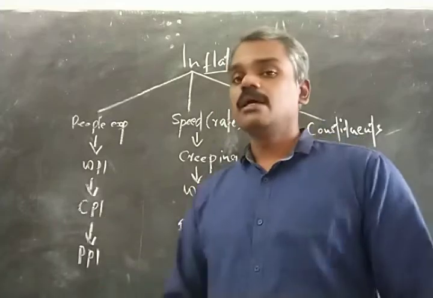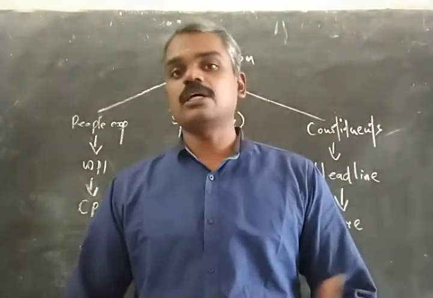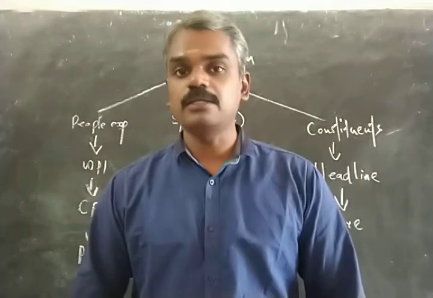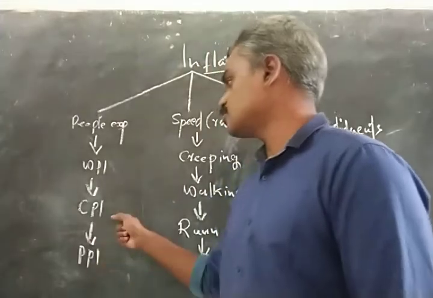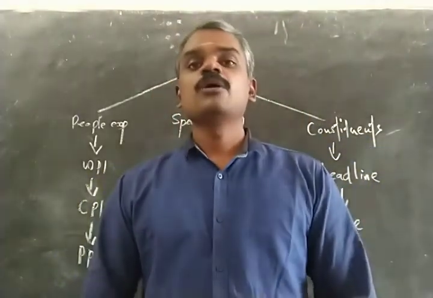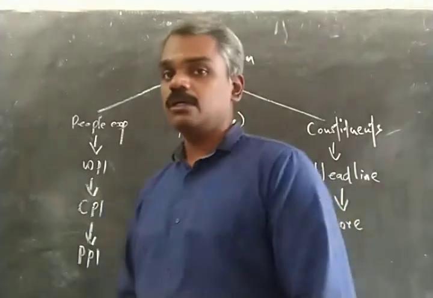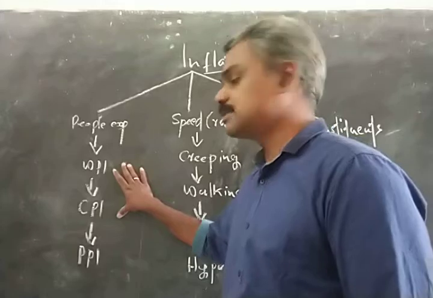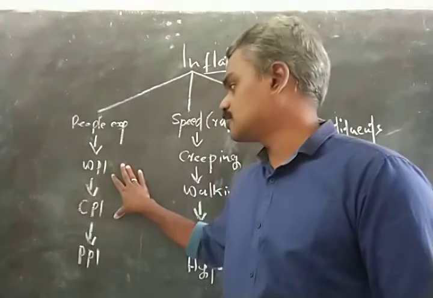And CPI means consumer price inflation. Consumer price inflation, or the index measuring consumer price inflation, is known as consumer price index, and the index measuring wholesale prices is called wholesale price index. So consumer price index or consumer price inflation is the inflation experienced by final consumers of the commodity. So there is a major difference between wholesale price inflation or wholesale price index and consumer price index.